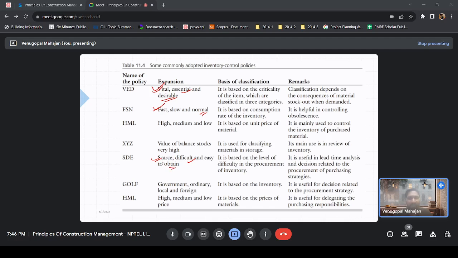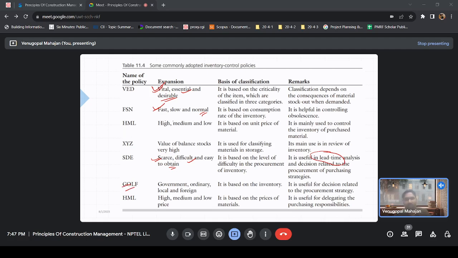So you can divide items into scarce, difficult, or easy to obtain, and this helps with lead time, like how long you wait after ordering. Similarly, some items you take from government, some are local, or some are to be imported. And this is HML, based on price, unit price.